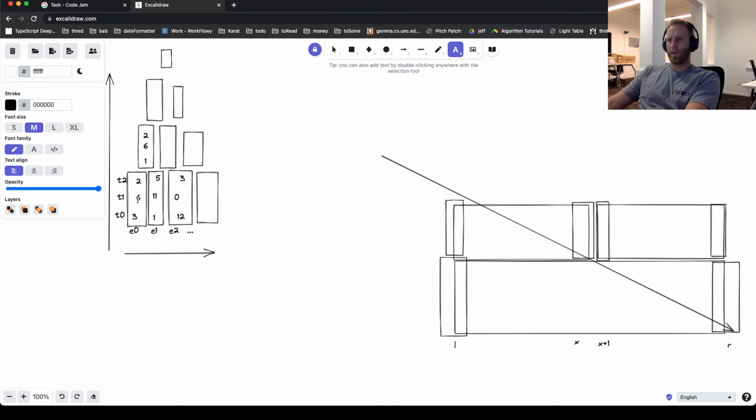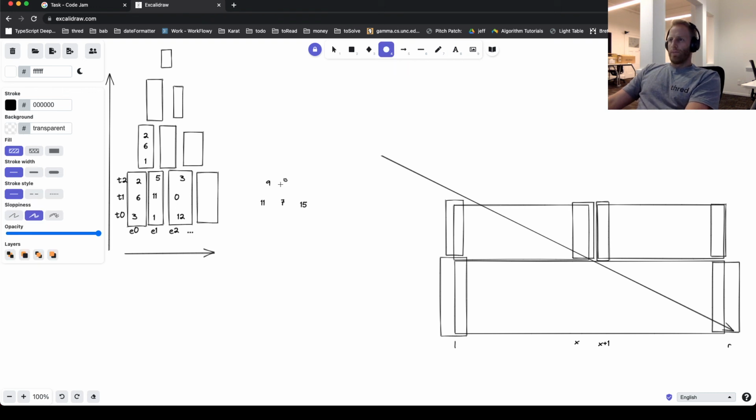If we add this up, 6 plus 2 plus 3 is 11. 11 plus 1 plus 5 is 17. 3 plus 0 plus 12 is 15. 2 plus 6 plus 1 is 9, and so on.